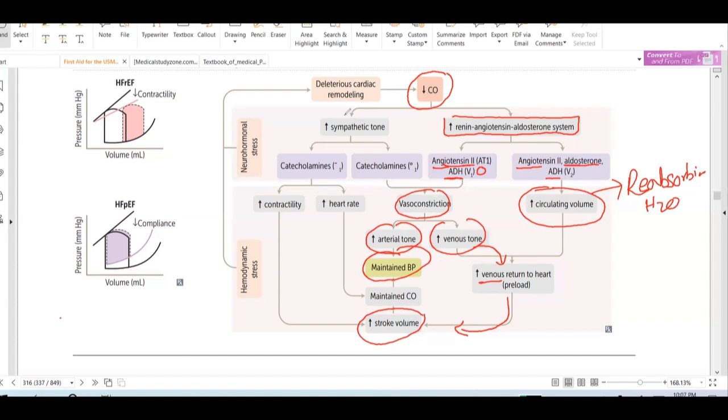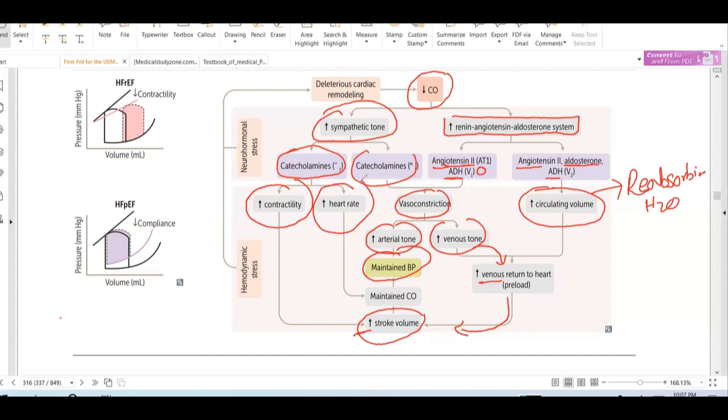The decreased cardiac output also activates the sympathetic system. The sympathetic system leads to increased release of catecholamines, epinephrine and norepinephrine. These catecholamines lead to increased contractility of the heart, which leads to increased stroke volume and increased heart rate.